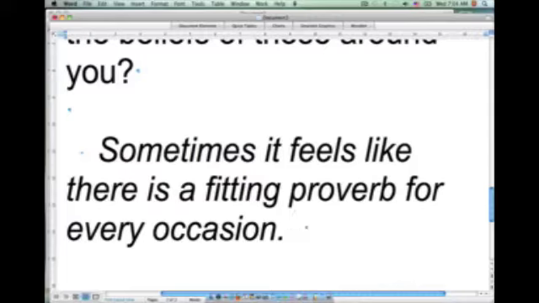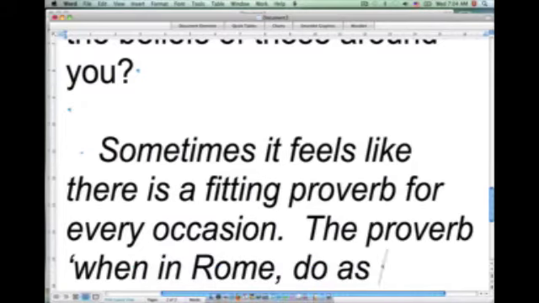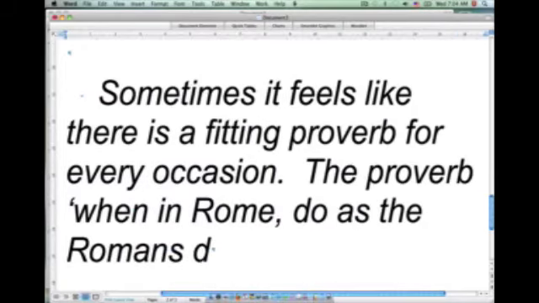So we can reference the proverb that they give us. Let's say, the proverb, when in Rome, do as the Romans do. Now, when we look at the proverb, it's sort of, if you are in Rome, then you should act like the people around you.